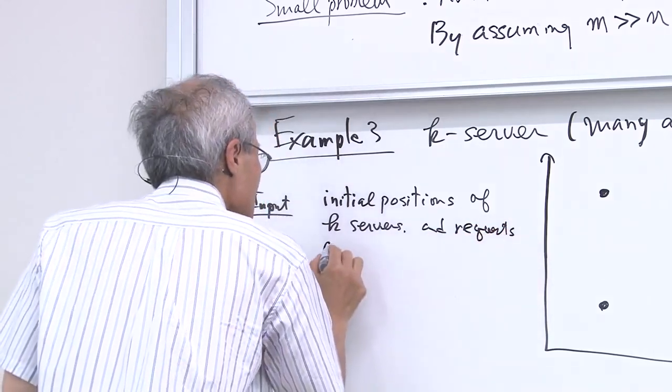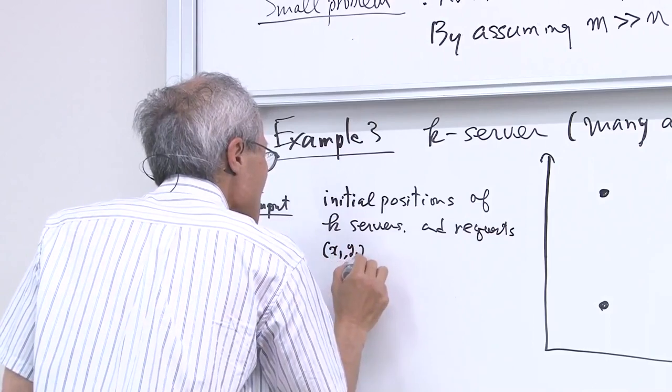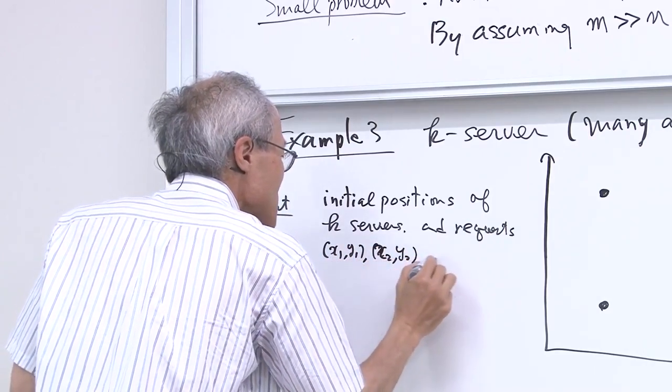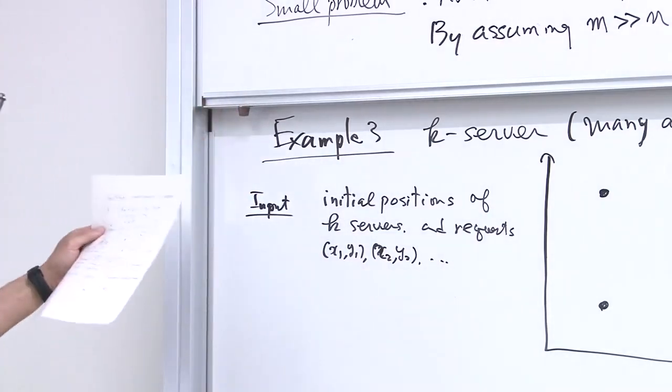A sequence of requests x1, y1, x2, y2, and so on and so forth.